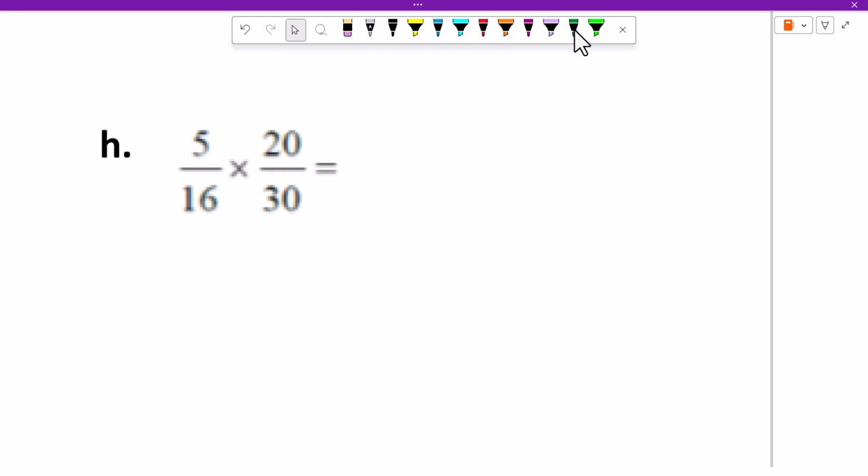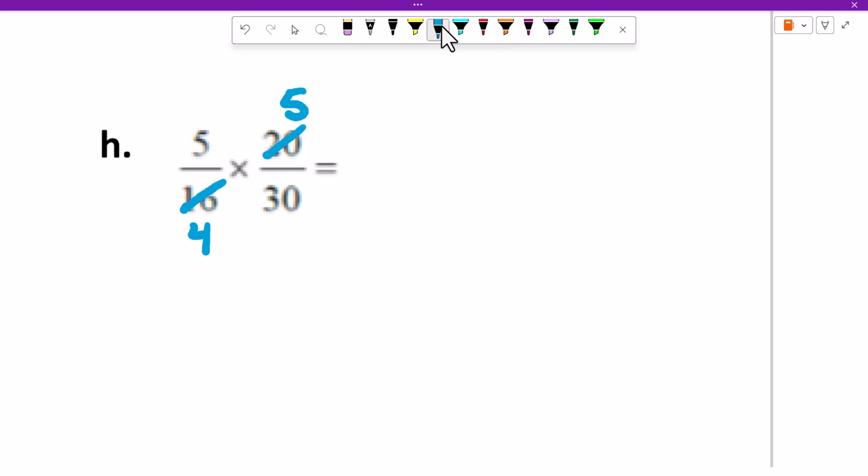Yes. I see 16 and 20. What could they be both divided by? 4. So we're going to divide both, cross them off as a pair, divide them by 4. 4 fits into 16 4 times, and 4 fits into 20 5 times.